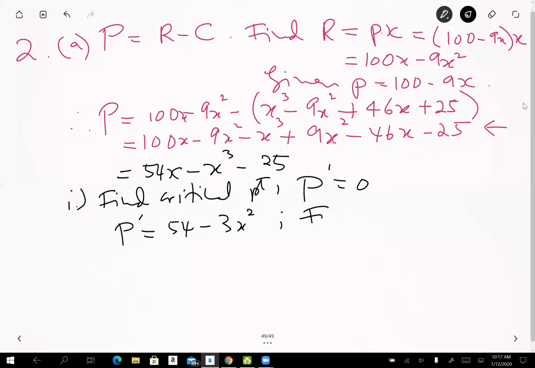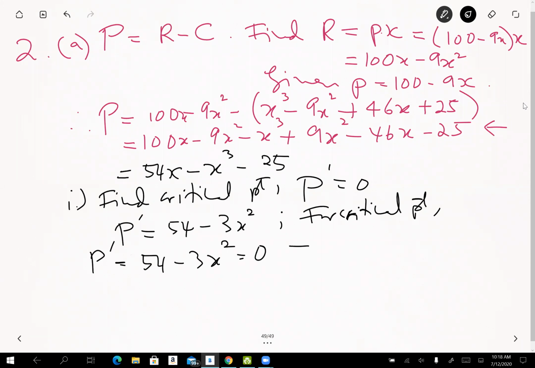So for critical point, P prime equal to 0. I don't have to write that again, because I already put it at the beginning. For critical point, you got 54 minus 3x squared equal 0. Or you can put the P prime over there.